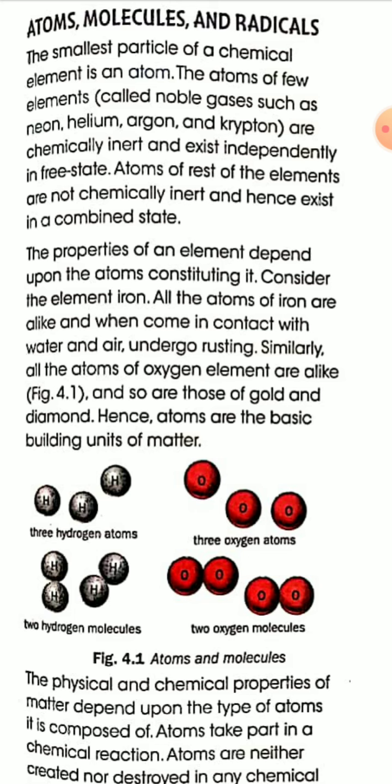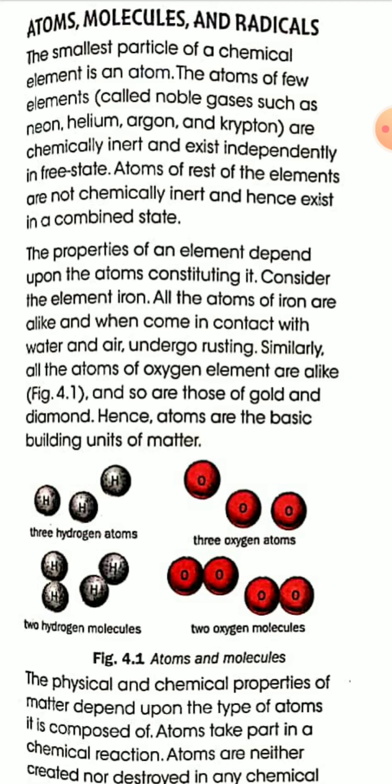So only noble gases exist independently in a free state, and all the other elements in the periodic table, where almost 118 elements are arranged in a tabular form.